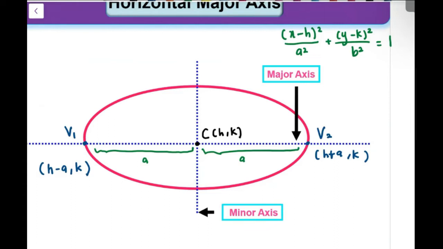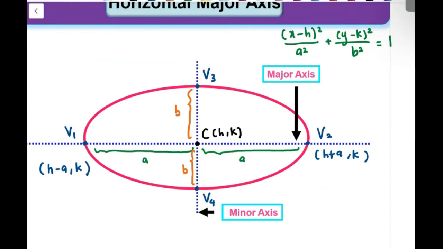Next, we have the vertices on the minor axis, which I label as V3 and V4. The distance between the center and V3 and V4 is fixed at b. The distance is always the letter b.